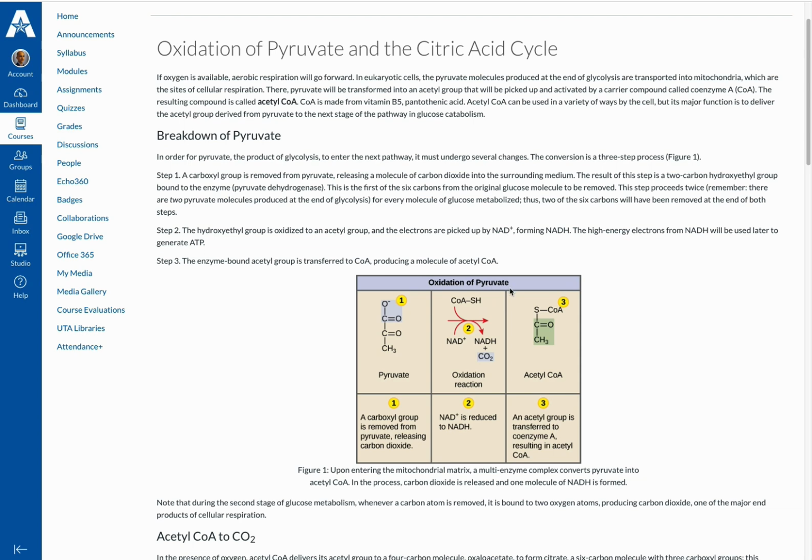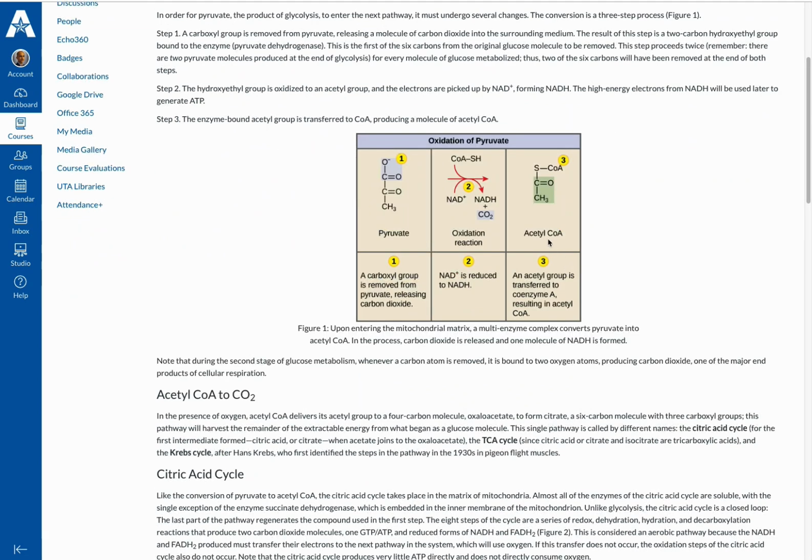So in the oxidation of pyruvate, we get another 2 NADHs from our original 1 glucose, because remember, we have 2 pyruvates, so this oxidation happens twice. This is also where we get our first carbon dioxide leaving the cell. And we actually get 2 carbon dioxides because we have 2 pyruvates. So now we're left with 2 acetyl-CoAs.